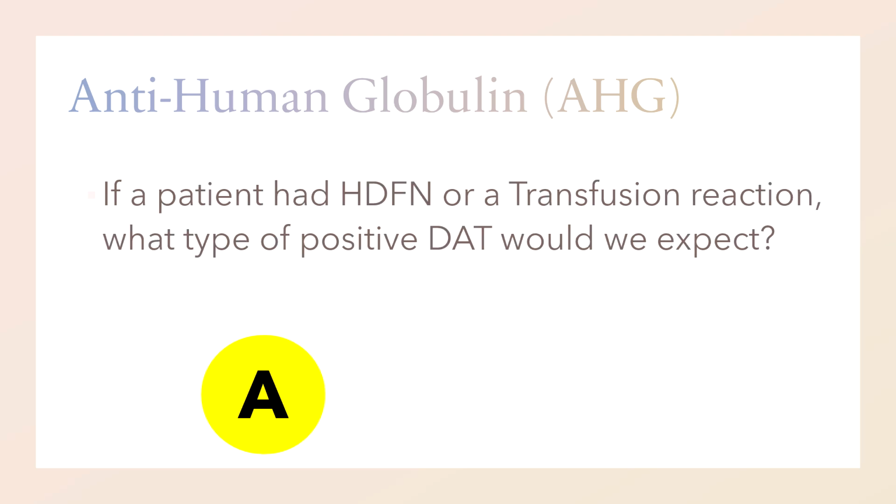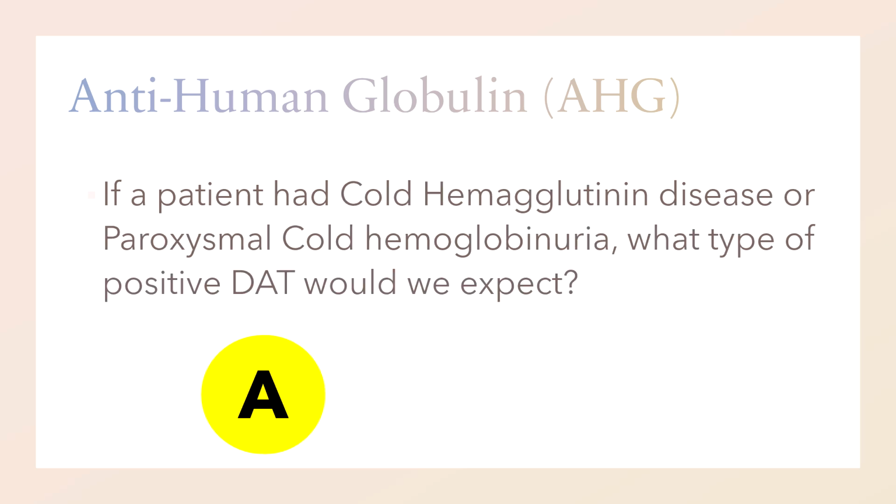If a patient had hemolytic disease of the fetus and newborn, or a transfusion reaction, what type of positive DAT would we expect? IgG coated. If a patient had cold hemagglutinin disease or paroxysmal cold hemoglobinuria, what type of positive DAT would we expect?